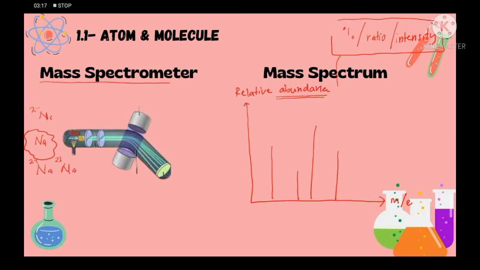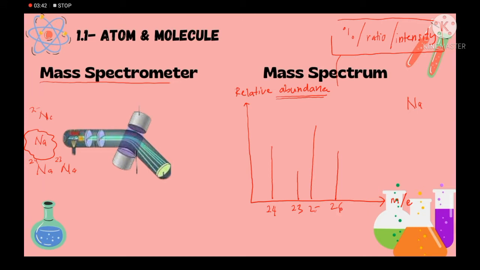If they put 2 peaks, that element has 2 isotopes. Down here, the x-axis indicates the mass of each isotope. For sodium, the first one is 24, the second one is 23, the third one is 25, and the fourth one is 26, for example.